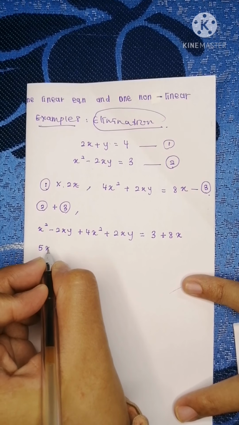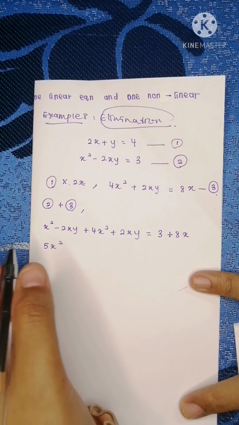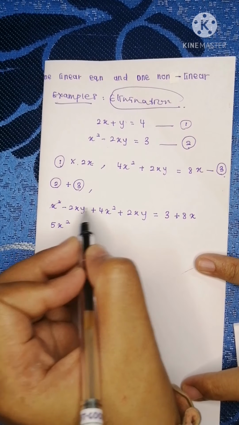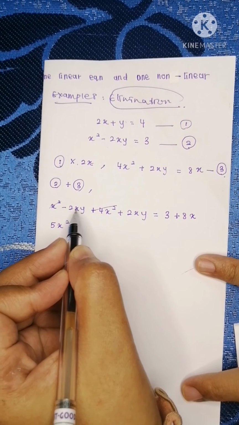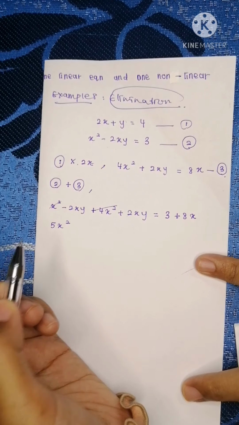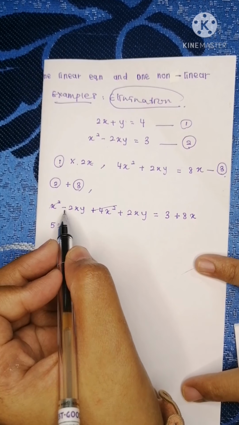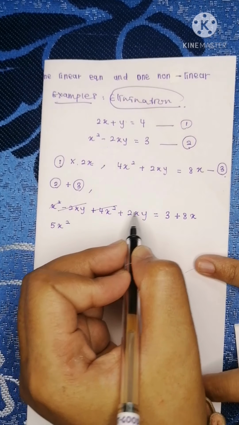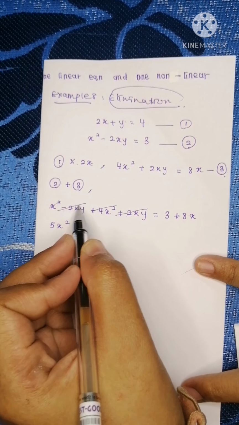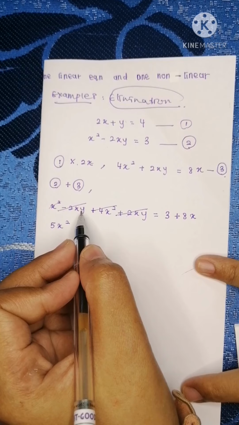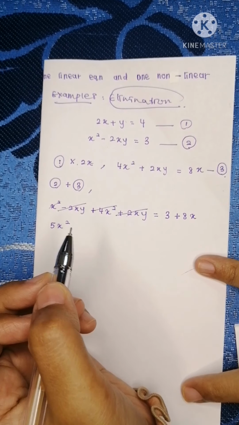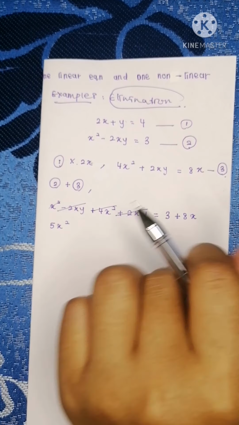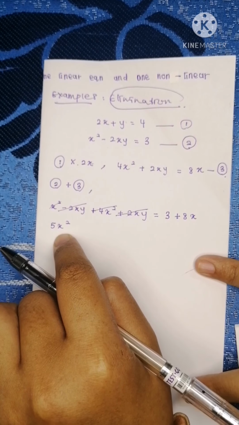It will become 5x squared, and then done already. So negative 2xy, positive 2xy. From the difference in symbol here, we can just eliminate this one. After we eliminate this one, it means that we eliminate the unknown y. So the only unknown in this equation is unknown x.